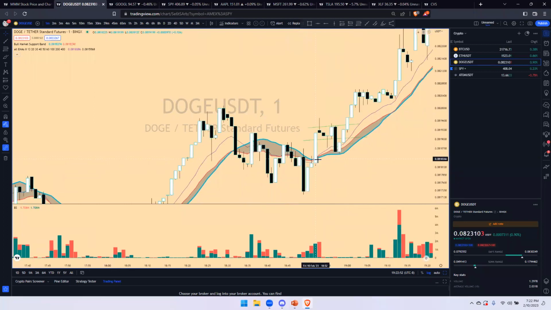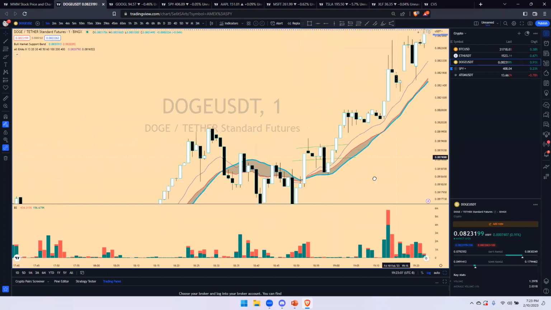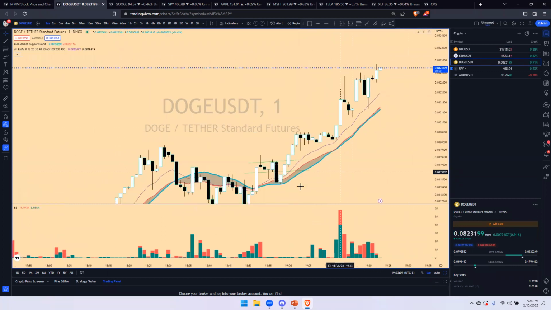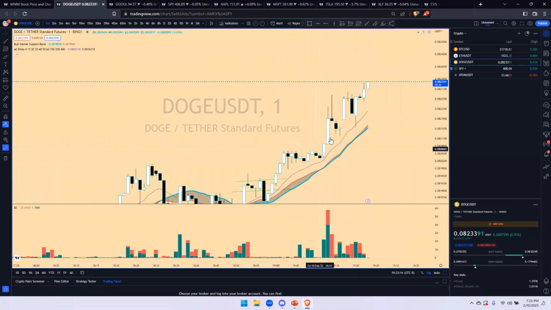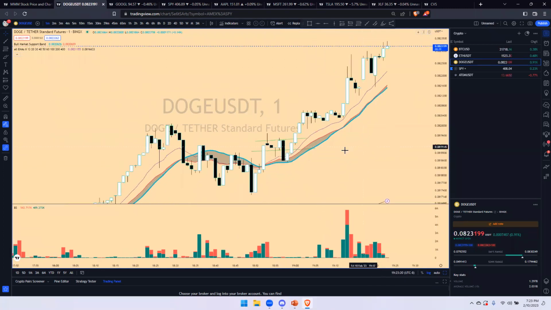Here is the cross right here. But then we started consolidating, and then we came down. As long as you respected your stop loss, which is the close underneath this blue SMA, we never closed underneath. Bam, you're good. And I know if some of you guys trade Doge, this move is much more than 100% right here. You're good for the month, right? Again, this is crypto on the 1 minute using that strategy.